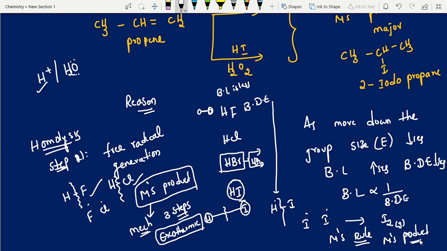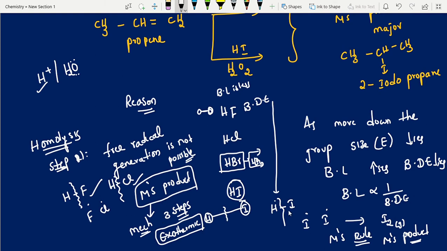So finally, what is the conclusion? Because of bond dissociation energy, in the HF case and HCl case, though they have polar bonds, bond dissociation energy is high. Because of this, free radical generation is not possible, so it follows the Markovnikov rule.